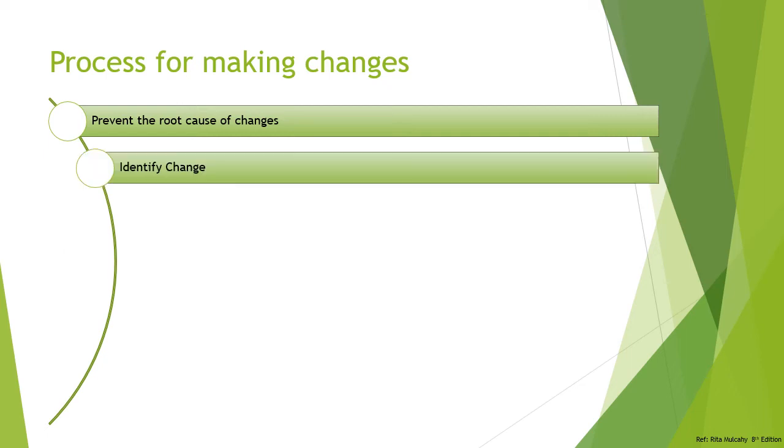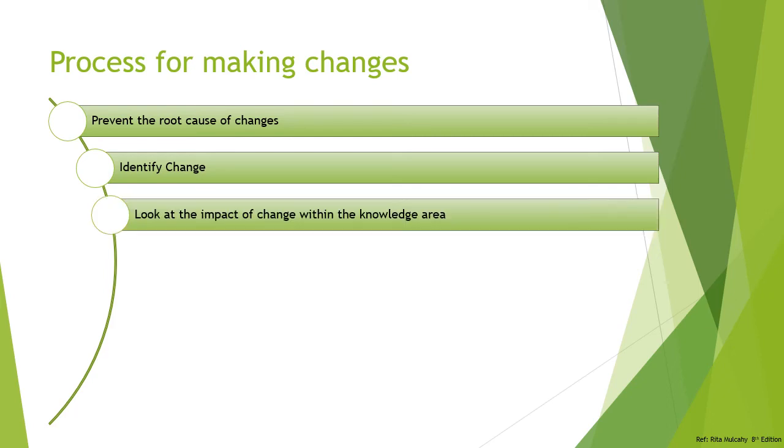He should identify change whenever the project manager is performing his duties on monitoring and controlling the project. While measuring the project against the performance measurement baselines, he should discover a change as soon as possible, because discovering a change early will decrease the impact of the change.